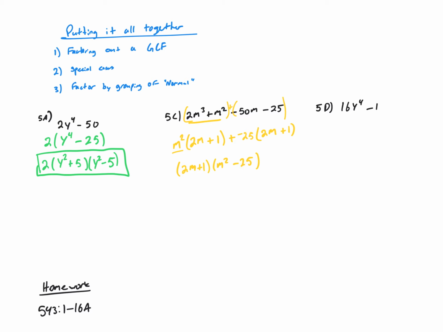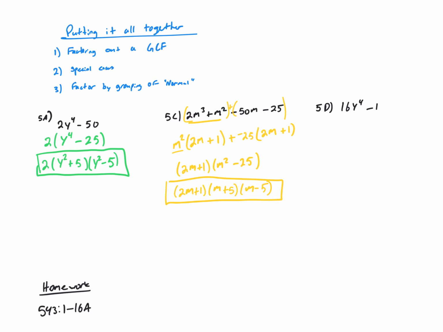So we're going to factor that out a little more. So I'm still going to keep that 2m plus 1. I'm going to have an m plus 5 and an m minus 5, because m is the square root of that, 5 is the square root of that. So this is going to be my answer.